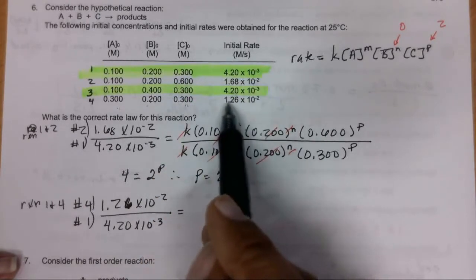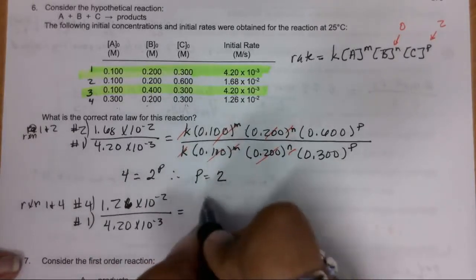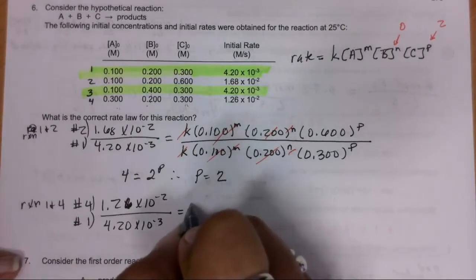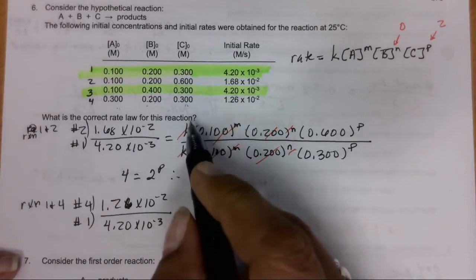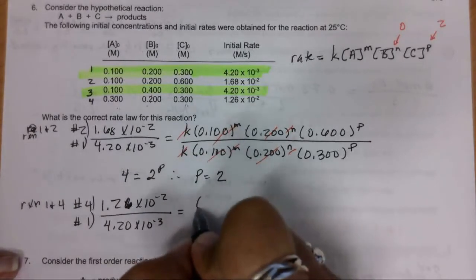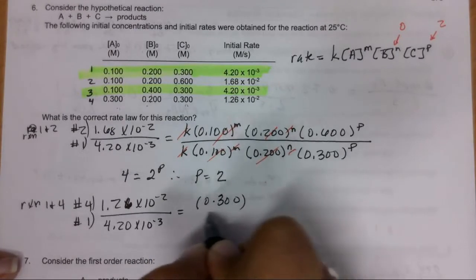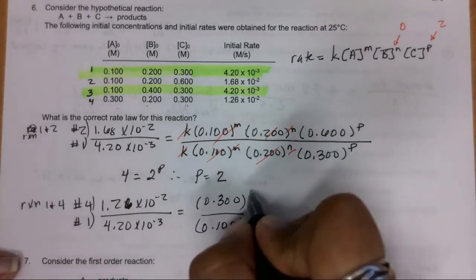What changed? The rate. So I'm only going to write down the variables that changed. I've got this, and again it's 4 over 1. I'm not going to even write this K, because I know the K's are going to cancel out as well, right? So I'm only going to do 0.300 divided by 0.100, raised to the power of what?